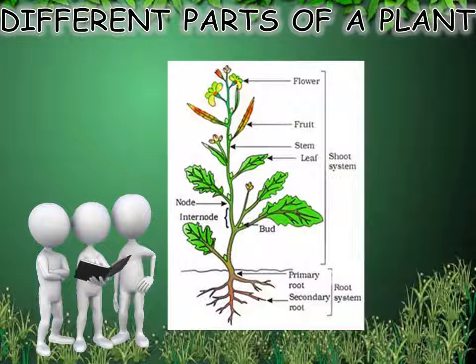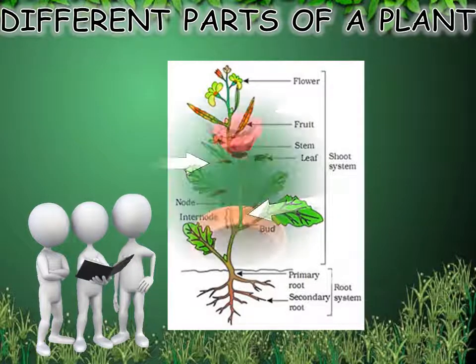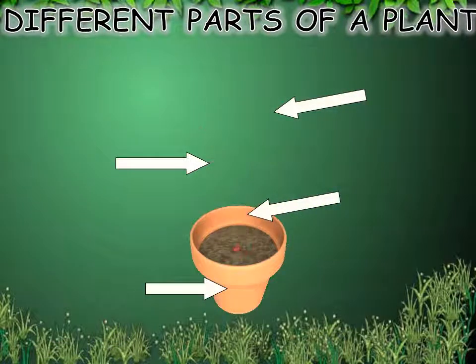There are different parts of a plant: root, stem, leaf, fruit, flower, bud, node, internode. Let's find out different parts of a plant.